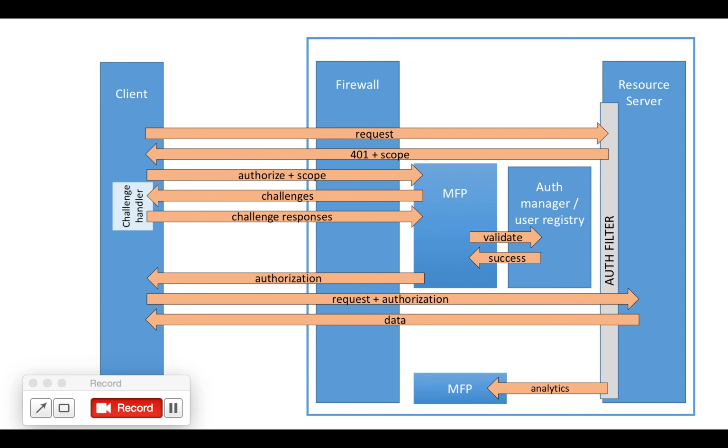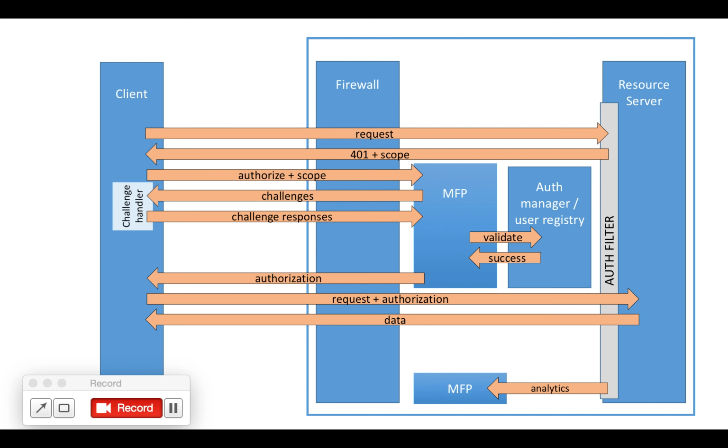So the client sends a request, and that request is intercepted by the authorization filter. In this case, the resource server can be either a Java adapter or any Node.js, Liberty or WebSphere server inside of your enterprise. That's the only thing important here.